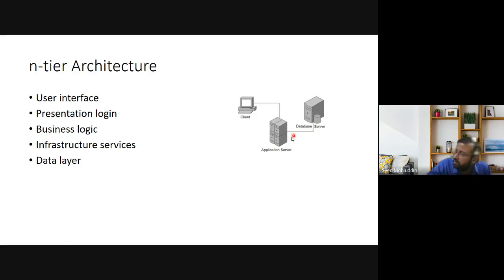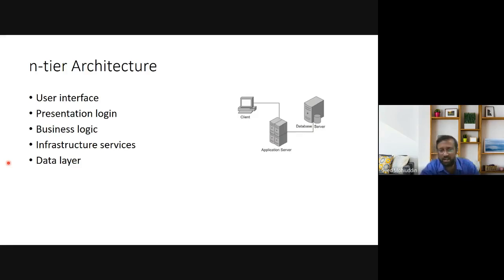So there can be any number of infrastructure services or any tiers between the client and the application server as well as the database server. Actually, enterprise architecture has numerous layers. In three-tier architecture we said this is the presentation layer, this is the business layer, and this is the data access layer. But in enterprise architecture, there are numerous layers. That is why we are calling it not four-tier, five-tier, but enterprise architecture.